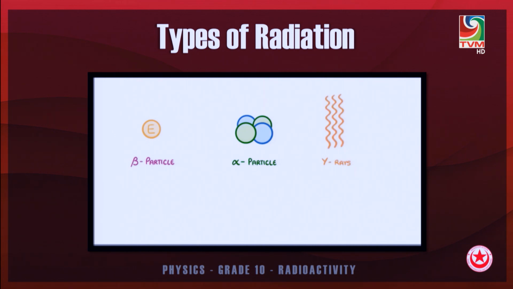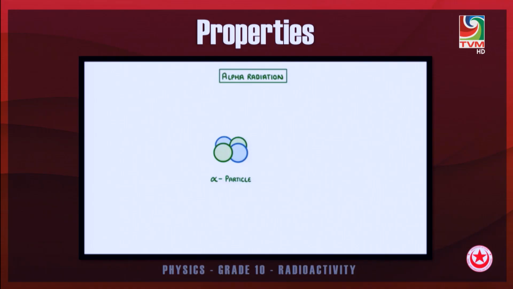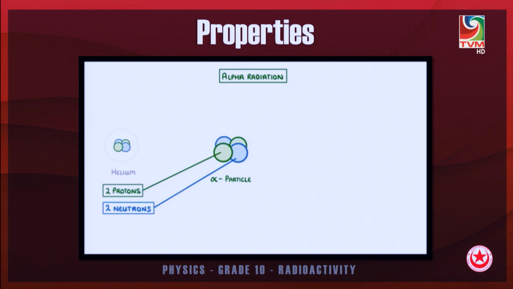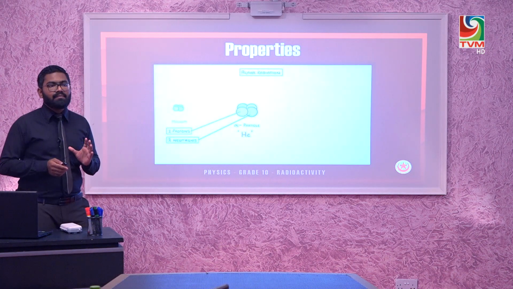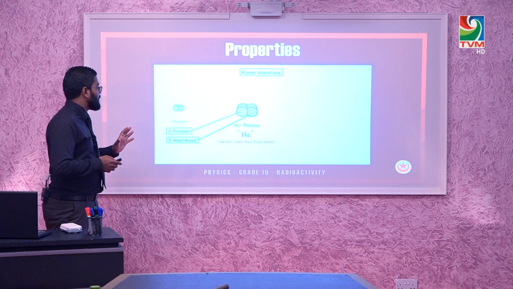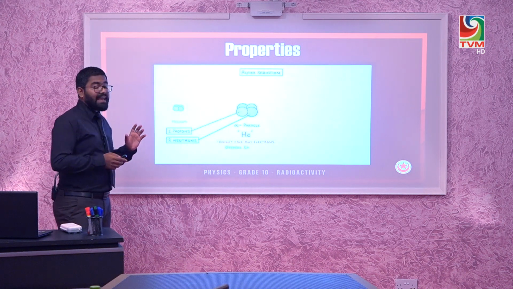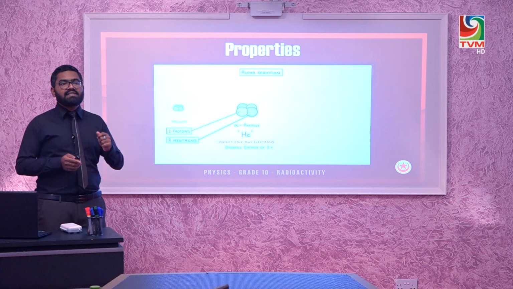Now, I will be looking into the properties of each radiation. An alpha particle contains two protons and two neutrons, very similar to a helium nucleus, so it can be represented by the helium symbol as well. But unlike a helium atom, it does not have any electrons, so it has an overall charge of +2.